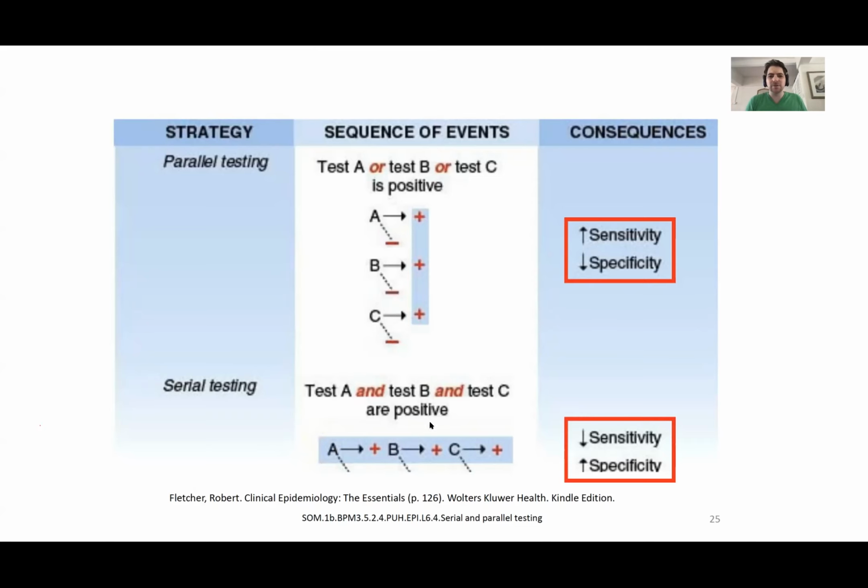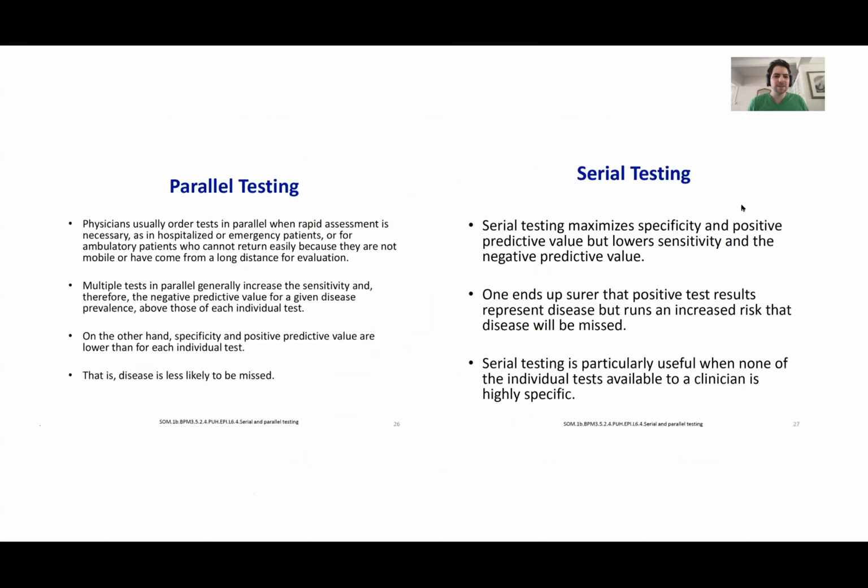So again, if it's still confusing, just memorize: parallel, increased sensitivity; serial, increased specificity. But the thought process here is that none of these individual tests are great, so you have to use multiple. All right, and this is in words. Increases sensitivity, you do them in parallel. And obviously, what I was just explaining, this sensitivity correlates to a high negative predictive value.